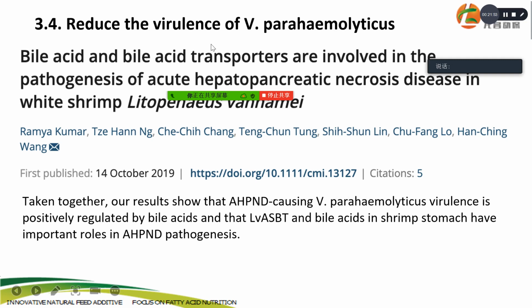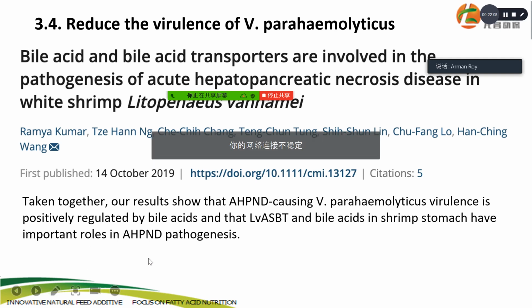Because through these trials they found reduced virulence, I think it will be helpful for the shrimp farmers. You can try, and of course, we will repeat this trial soon.